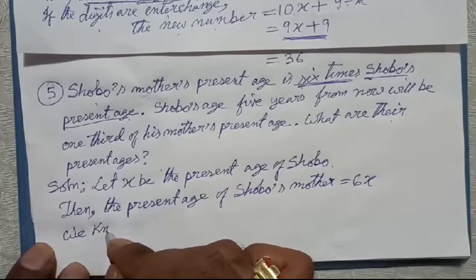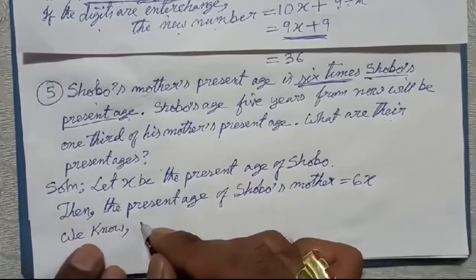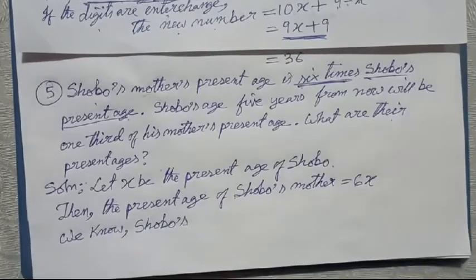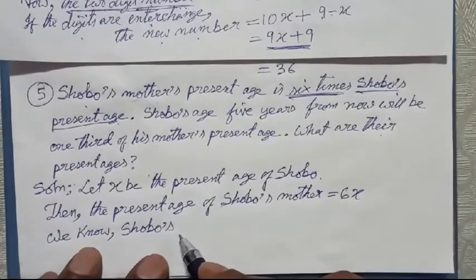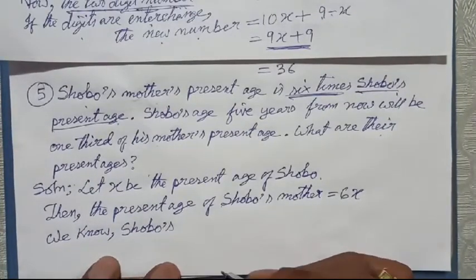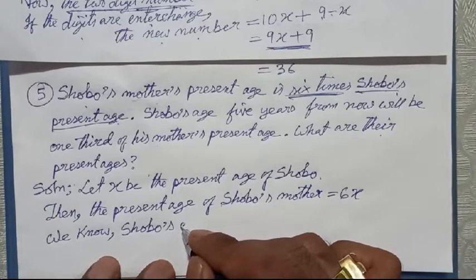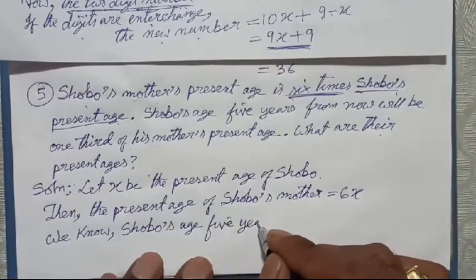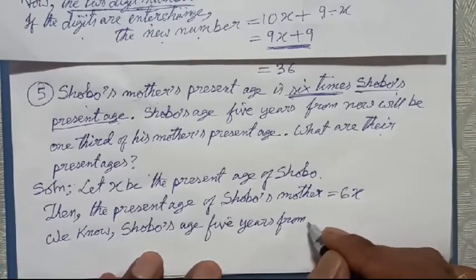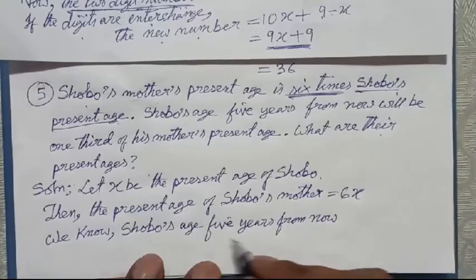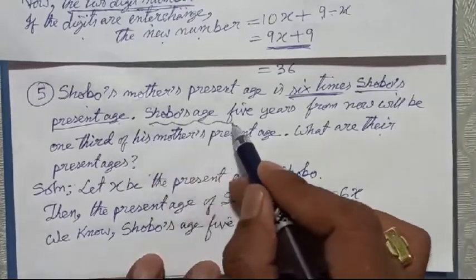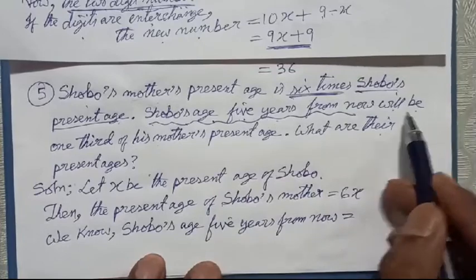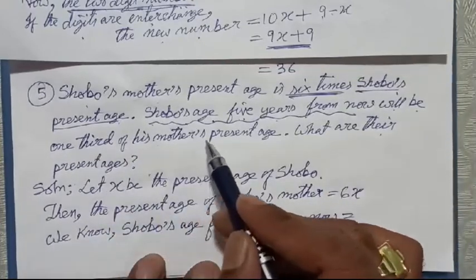We know Sobu's age 5 years from now. Actually, this is from the question: Sobu's age 5 years from now will be 1/3 of his mother's present age.